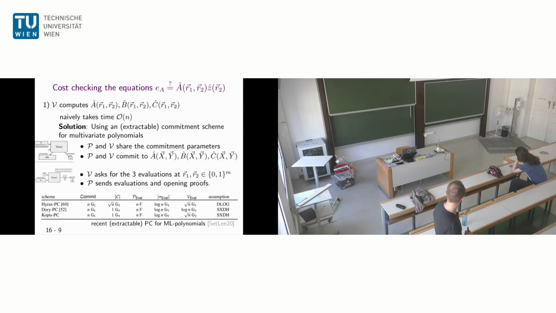Here in the Hyrax-PC, the evaluation time is square root of n. Not too bad. It's sublinear, so we have our SNARK. Instead of having to do n, the verifier would look at this small proof and take square root of n time if we use the Hyrax-PC.